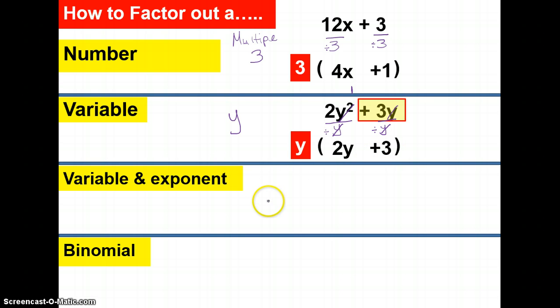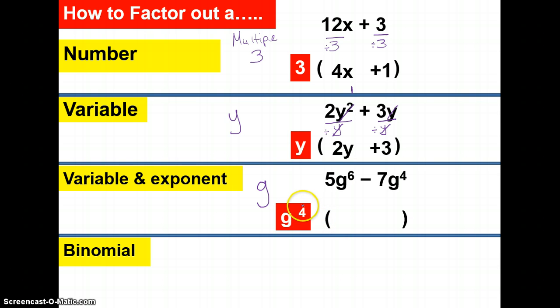Let's see on the next one what variable and exponent we could divide out. What do they have in common? Well, I know they have a g in common. How many g's can I divide out from each of these? G to the fourth, right? Yeah, g to the fourth. I can actually divide out a g to the fourth here.